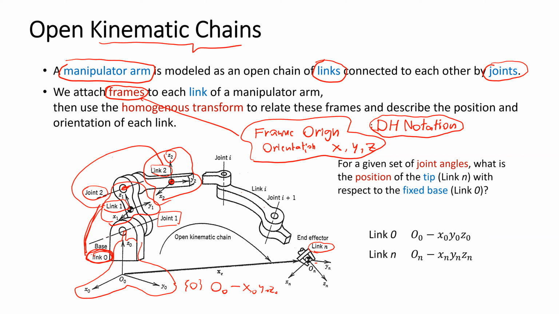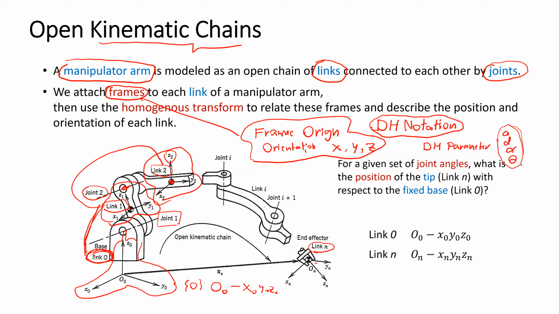And if we appropriately attach the frame by the Denavit-Hartenberg notation, we can obtain the corresponding DH parameters: the link length, link offset, link twist, and the joint angle that correspond to the frame.